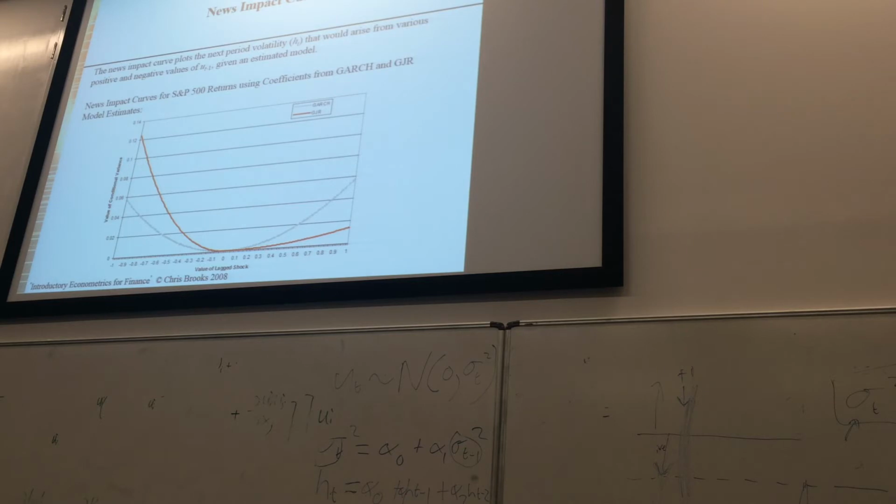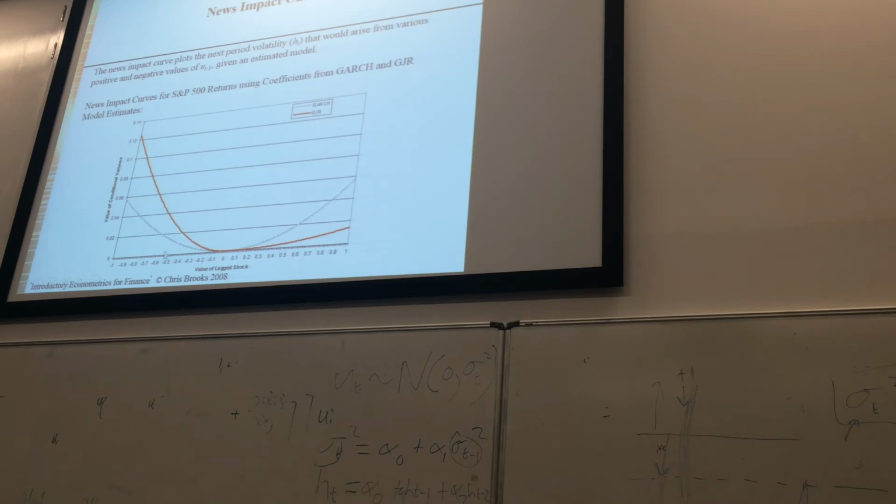There's bigger volatility predicted the following day after a shock, after a news announcement, for example. If the shock caused a negative return, so let's say the announcement caused a negative return in the stock market index, the GJR model will predict a larger amount of volatility for the following day after that announcement than a standard Garch model.